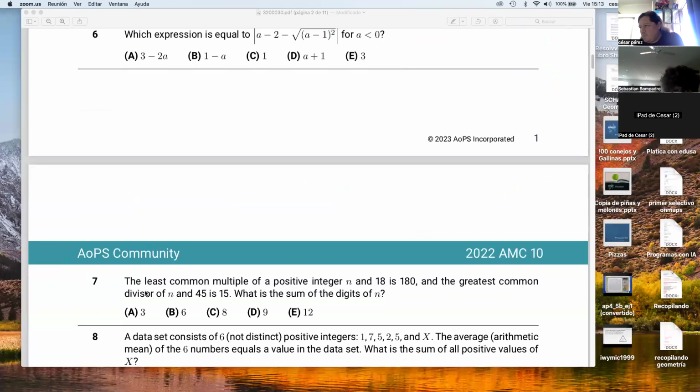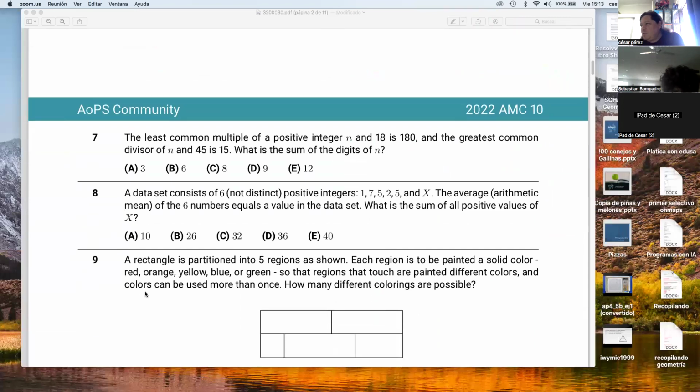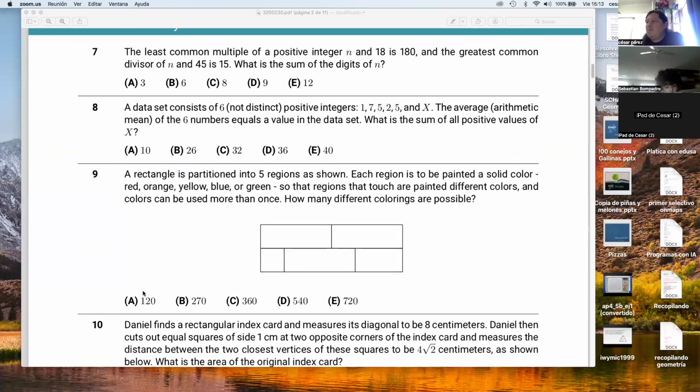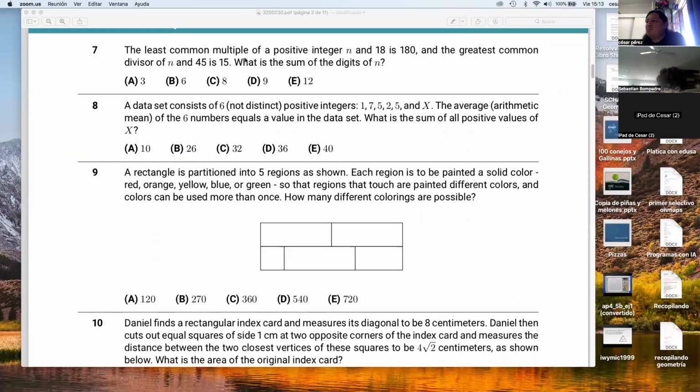Now we're going to work with problem number 7. Do you remember what a least common multiple is?